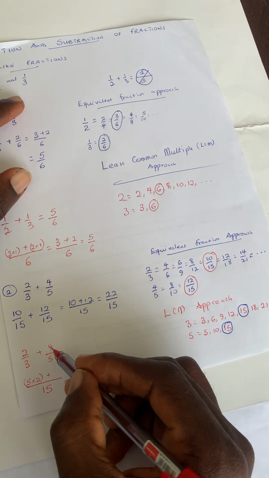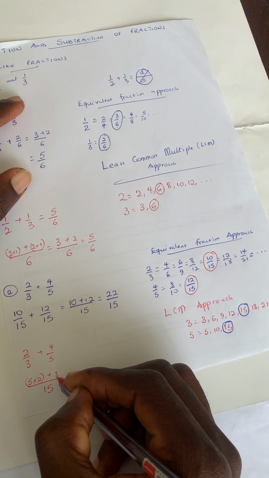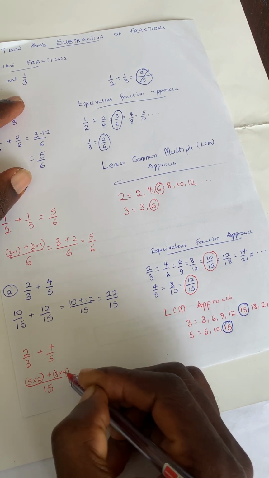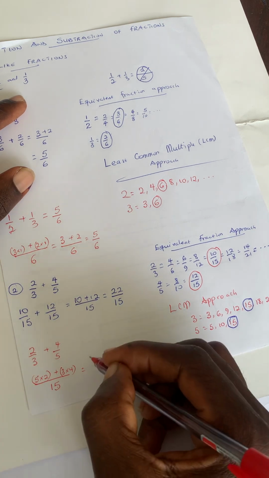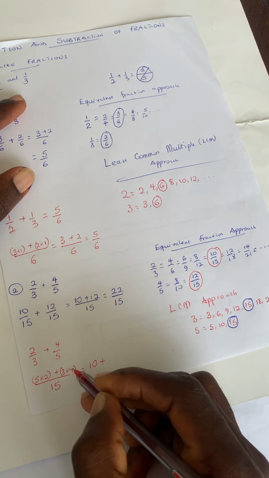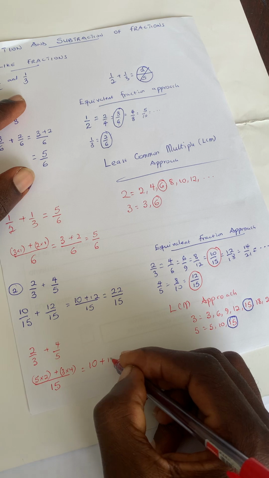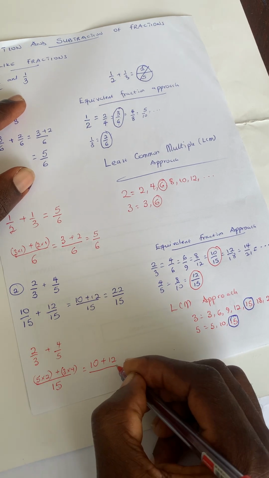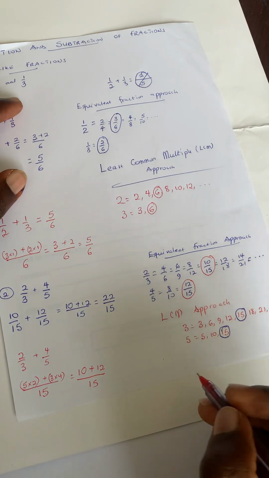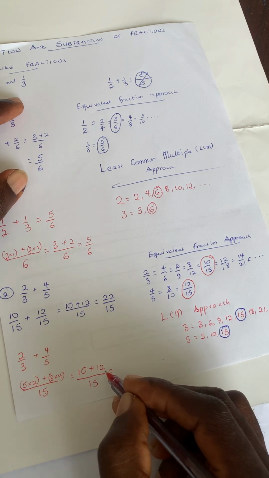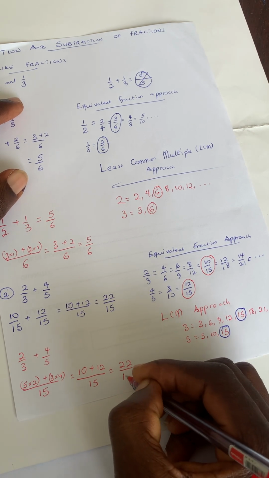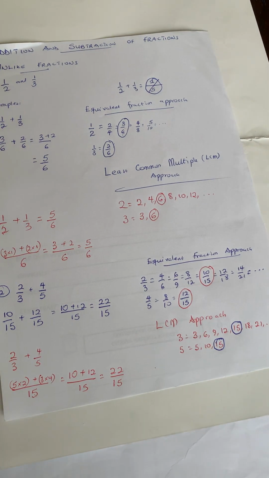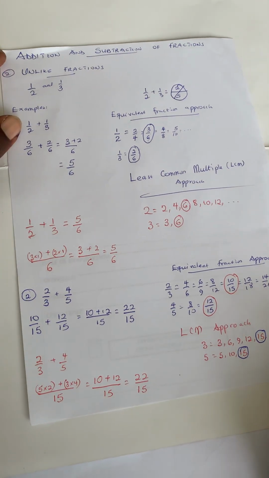So we multiply 3 by 4, so 3 times 4. Now 5 times 2 equals 10. So we get 10 plus 3 times 4 equals 12, all divided by 15. And then 10 plus 12 gives 22. So we get 22 over 15. Please, I hope you understand what we have done.